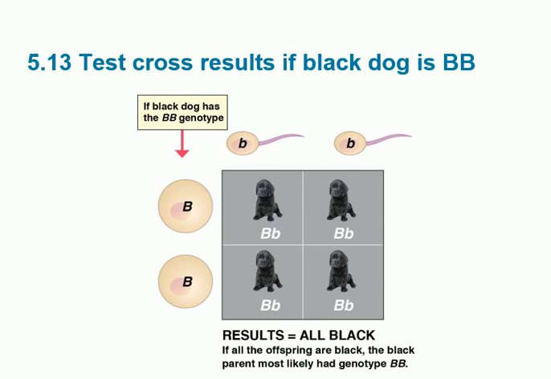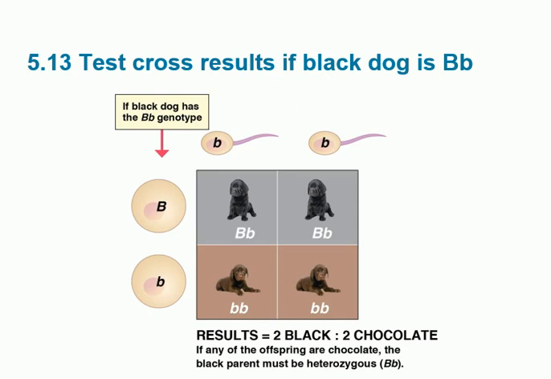The chocolate is B lowercase, B lowercase. Is that okay? Yeah. The other one, I don't know. It can be both of them uppercase or it can be mixed. How to know? If all of them came black, then it was BB, uppercase, uppercase, right? Make sense? If it comes out like this, it was mixed.